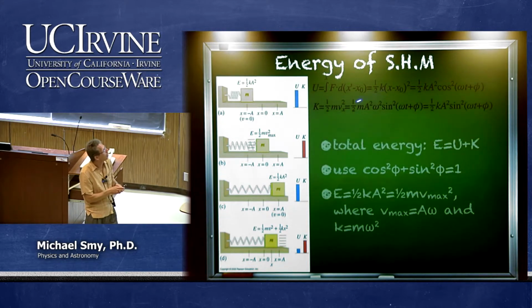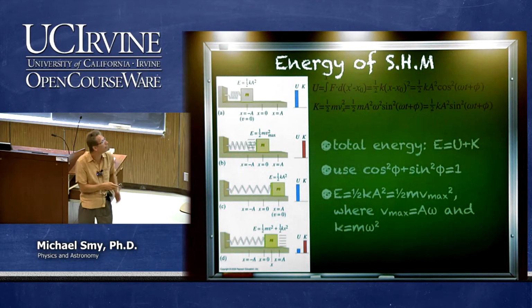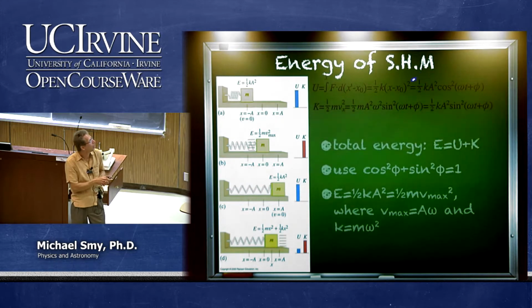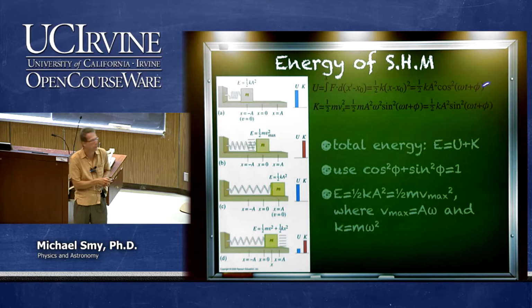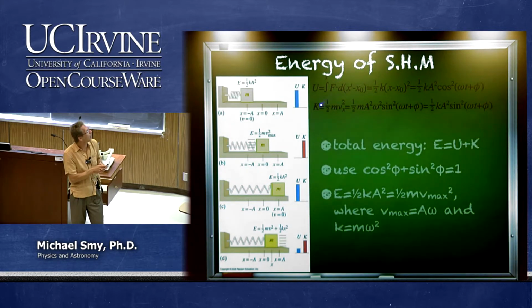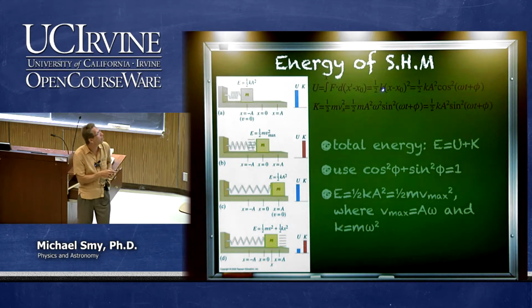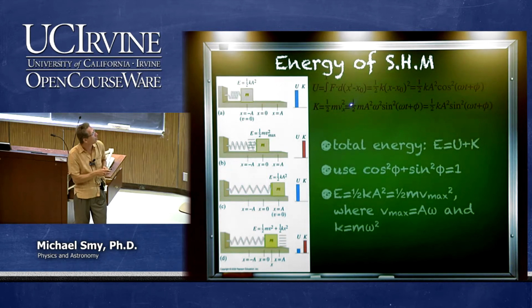And plugging in the formula for x minus x naught, which is A cosine of omega t plus phi, we get then 1/2 k A squared cosine squared of omega t plus phi. And so for the kinetic energy, it is 1/2 m times the velocity squared, which is 1/2 m A squared omega squared.